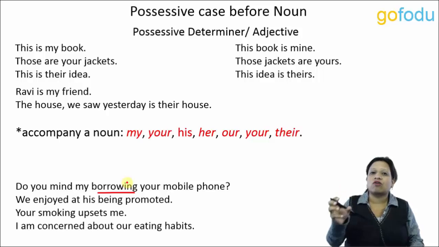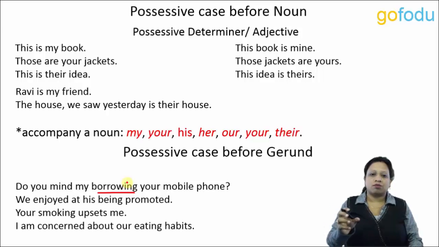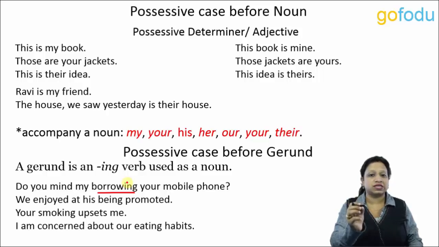It's a state of action. It's a condition. Over there, it becomes a gerund. It is called a gerund and it is a noun over there. Now, possessive case before a gerund is always a possessive determiner or an adjective. Like over here, do you mind my borrowing your mobile phone? My over here is a possessive adjective.